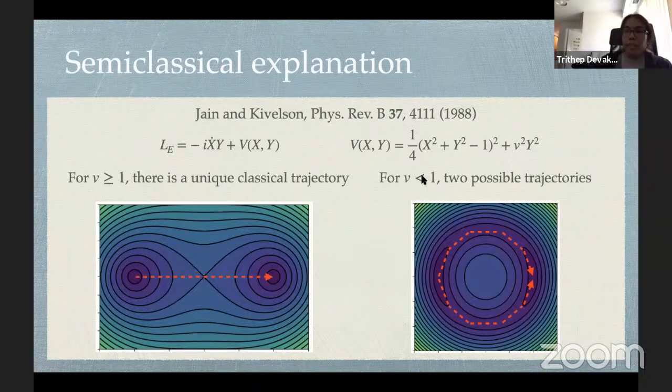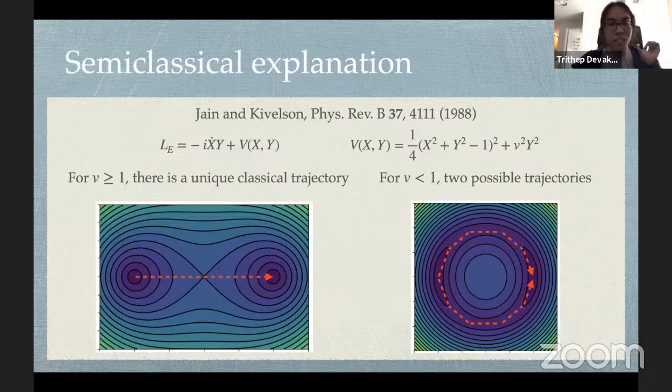But for V less than 1, there's 2 possible trajectories. So again, you project onto the real plane, and rather than having just one path going straight from one to the other, there's 2 paths: one goes to positive Y and the other one goes to negative Y. And these 2 paths both connect your 2 Dirac points.